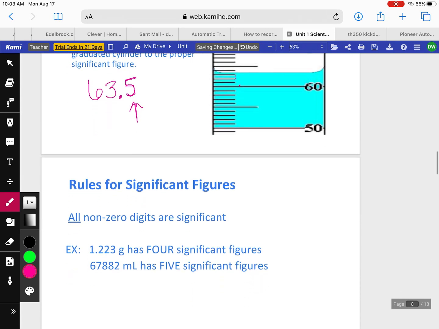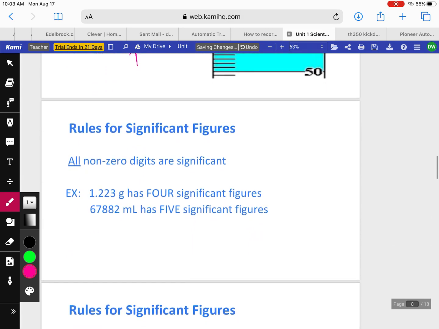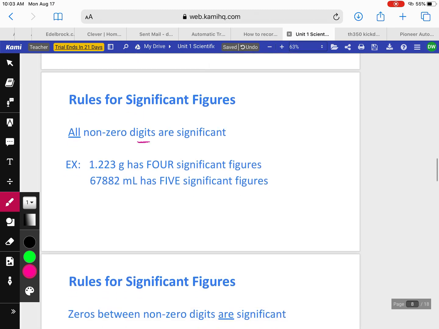Okay, so let's look at rules for significant figures. Now, let's talk about what digits are. Digits are just numbers. When we're talking about significant figures, instead of saying numbers, we're going to say digits. And it says all non-zero digits are significant, and that is exactly what it means. 1 through 9, not zeros, those are non-zero digits.